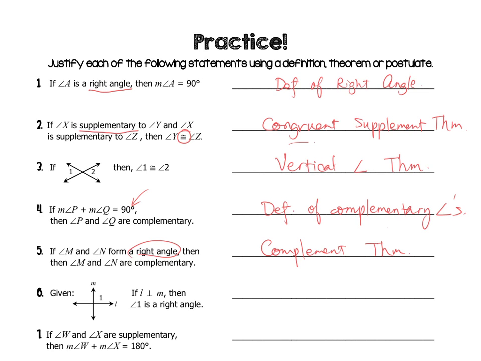There we go. And number 6, given line M and line L are perpendicular to each other, then angle 1 is a right angle, and this one was the definition of perpendicular, I think, right? There's no other way to say it. I just use that symbol to represent perpendicular.